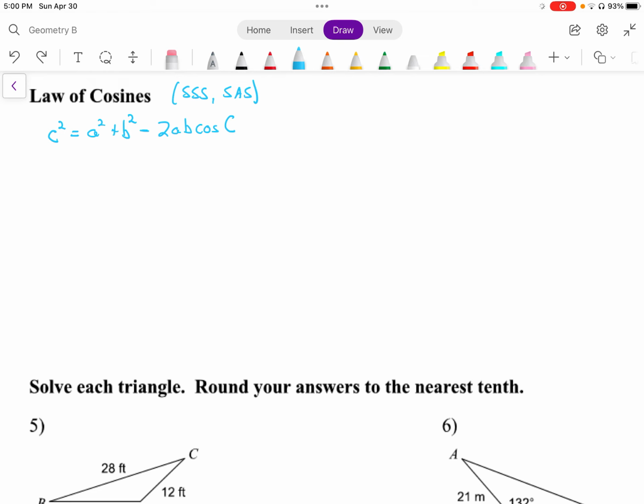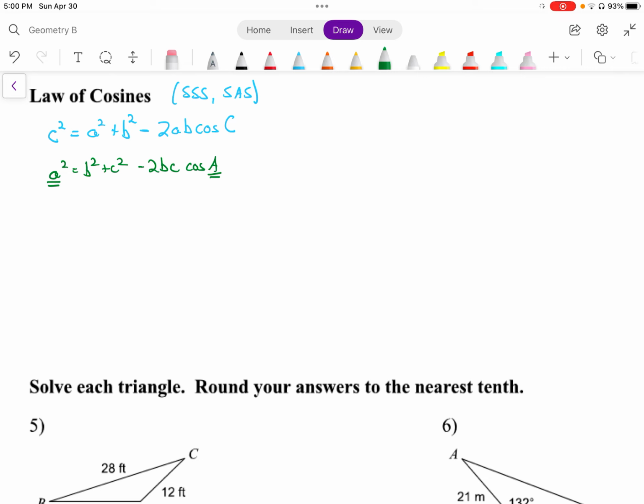Now, again, I said this could be written in two other ways, and really what we do is we swap a with c, or we swap b with c. So the other two variations might be a squared equals b squared plus c squared minus 2bc cosine of A. Notice that the side at the beginning and the angle at the end are the same letter, which means they're opposite each other.